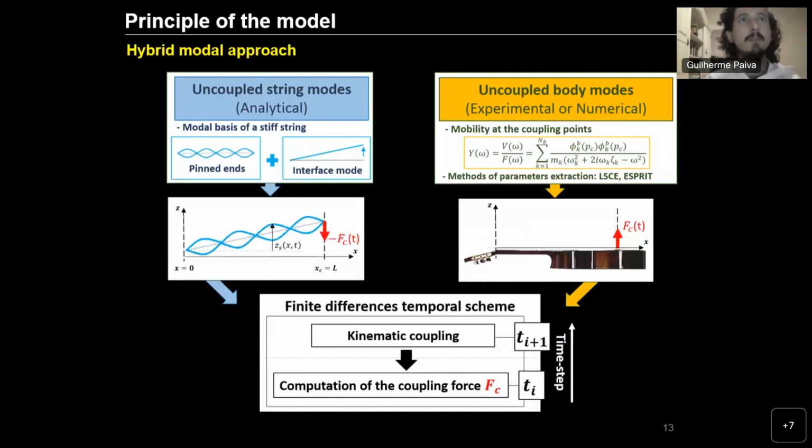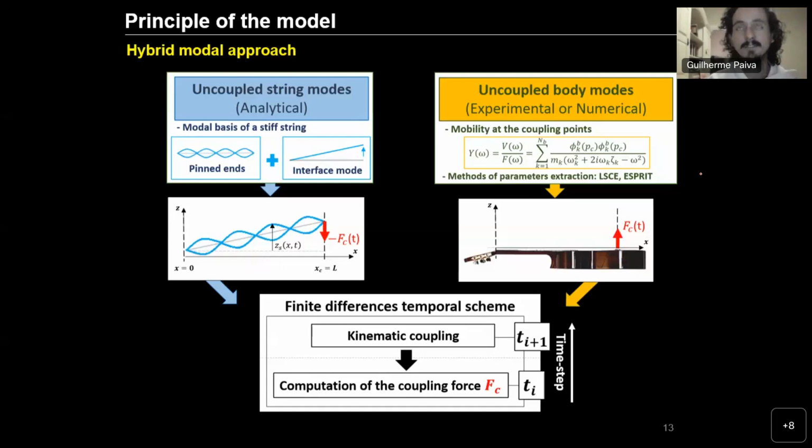It is model based because it starts from the modes of the uncoupled strings and the modes of the uncoupled body. I mean, the model is fed by the modes of the uncoupled string and the modes of the uncoupled body. So it is hybrid because the string modes here are determined from analytical expressions, okay?